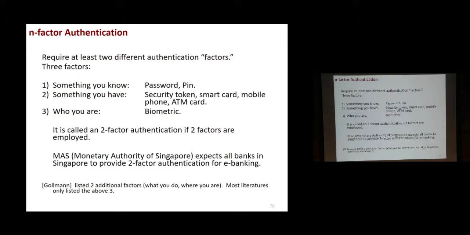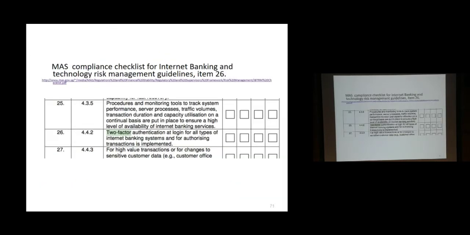For two-factor authentication, you have to present two: either something you know and something you have, or who you are and something you know, or the other way around. The Monetary Authority of Singapore actually requires all internet banking to use two-factor authentication.